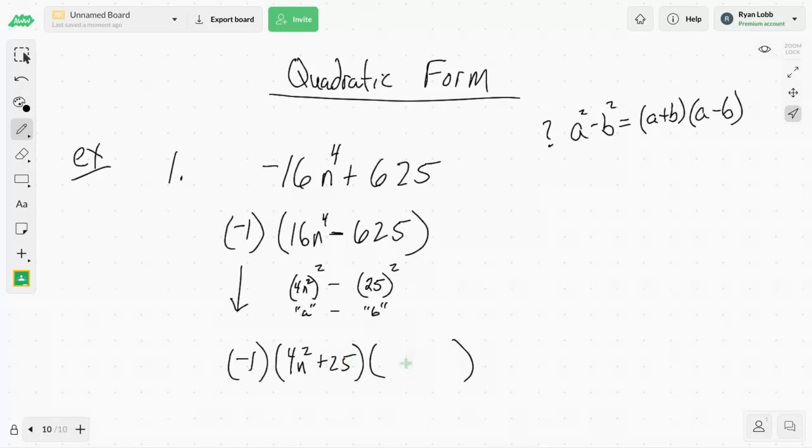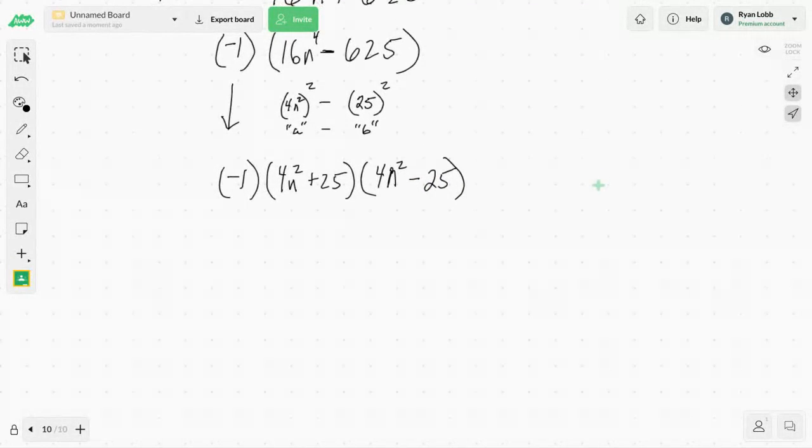And then over here, 4n squared minus 25. Always double check as you go and say, can I factor negative 1 anymore? No. 4n squared plus 25? No. 4n squared minus 25? That's a yes, right? Because that's another difference of squares, right?